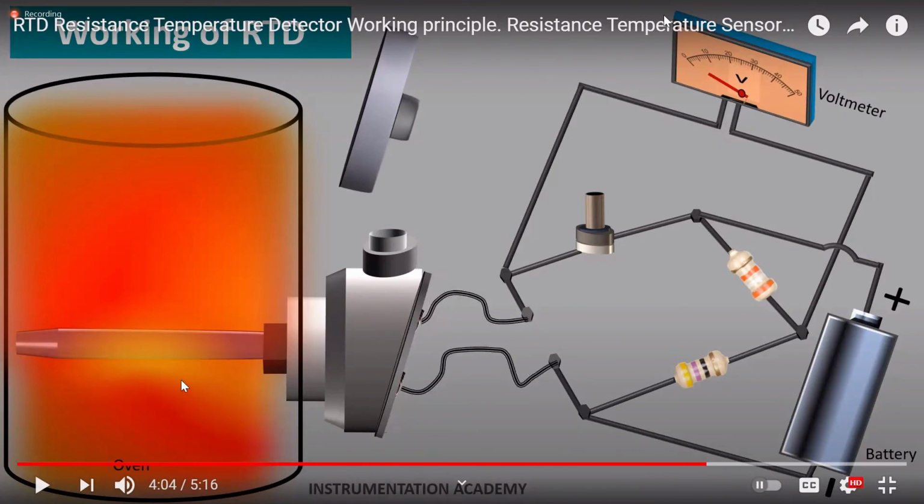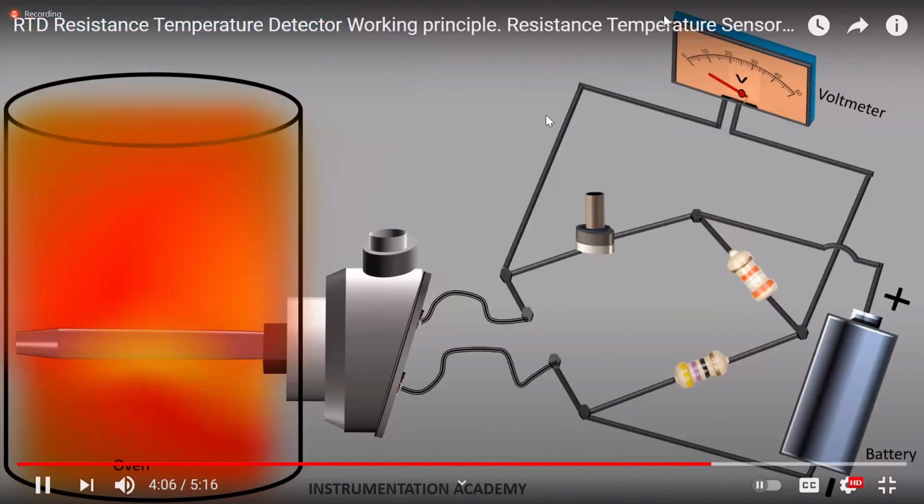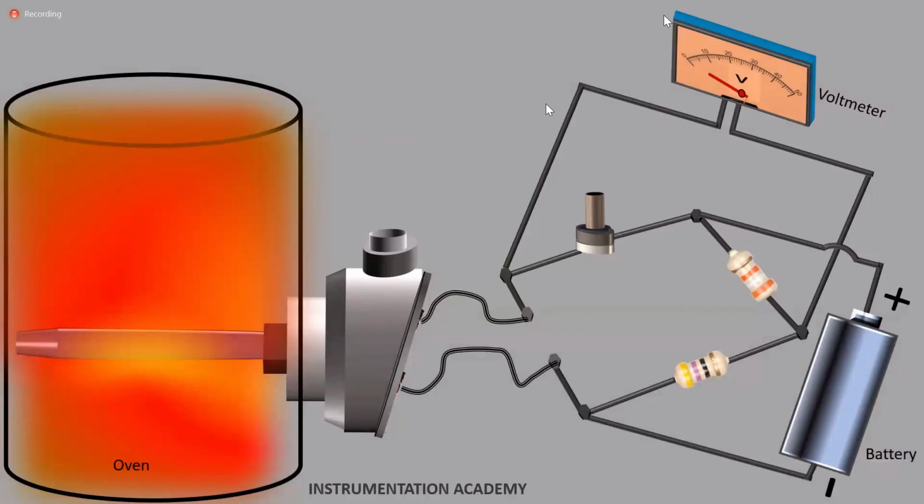So whenever we have fluctuations in temperature, depending on that variation, the RTD resistance will vary. Whenever we get variation in resistance, that will be shown on the voltmeter in this circuit, away from the bridge circuit.